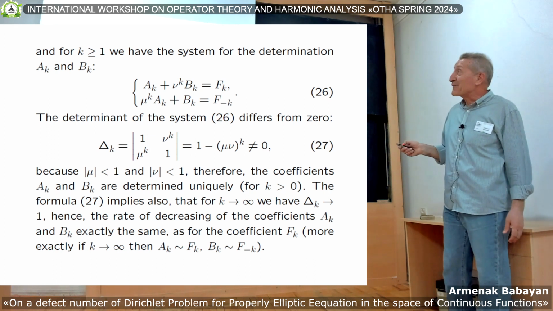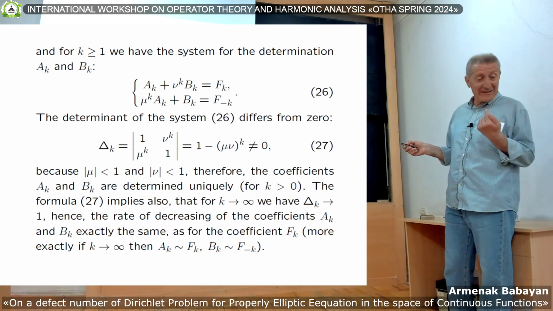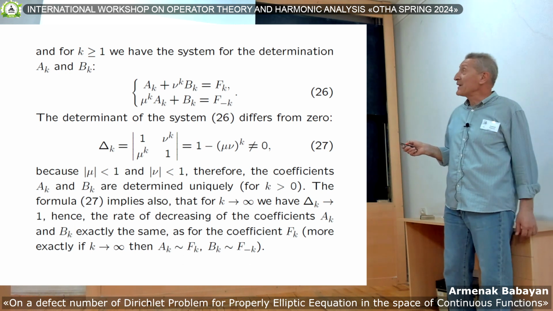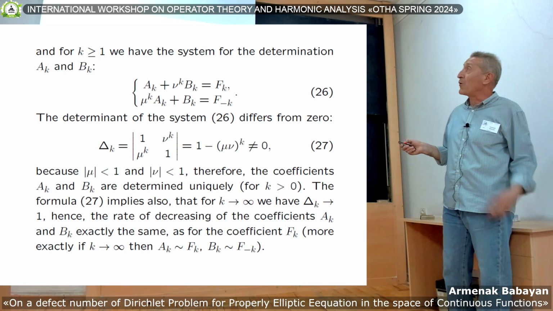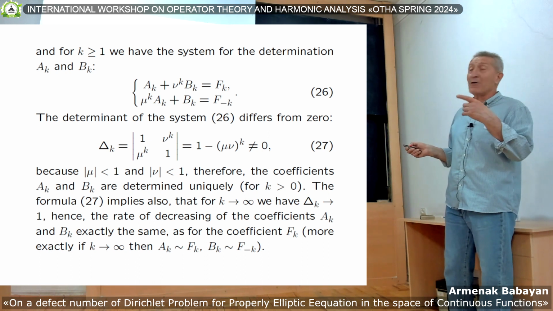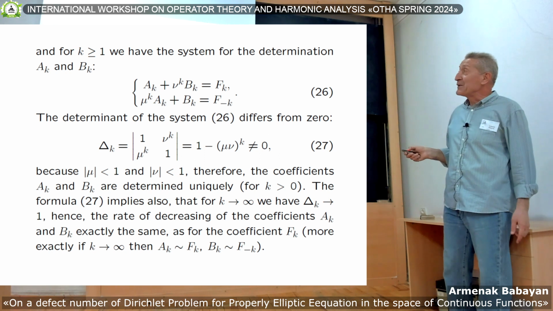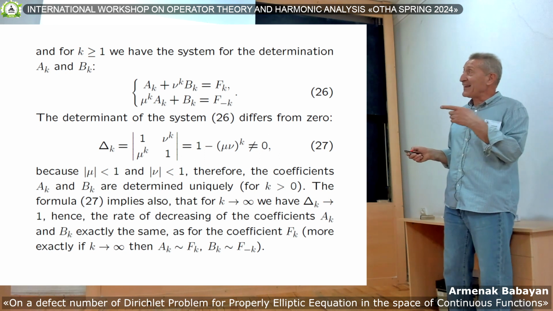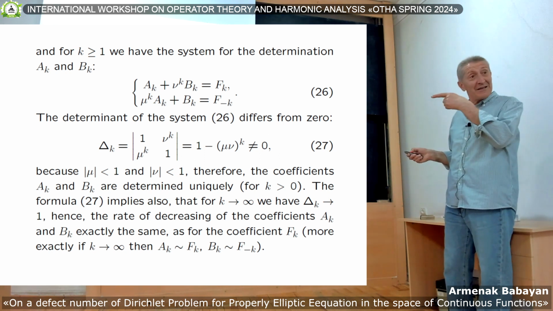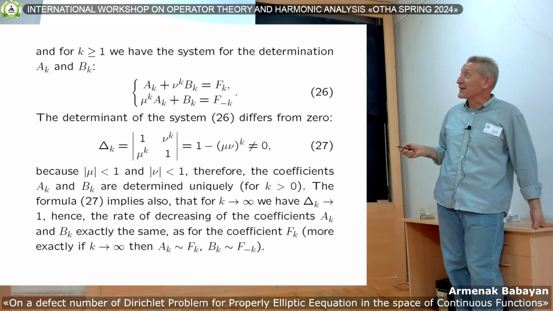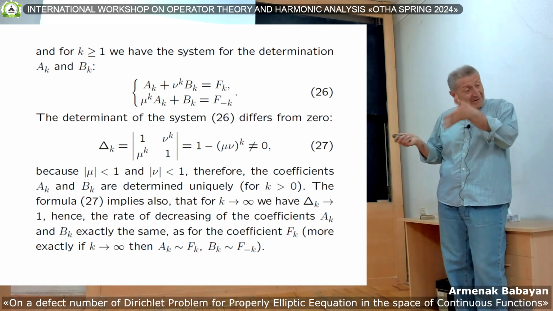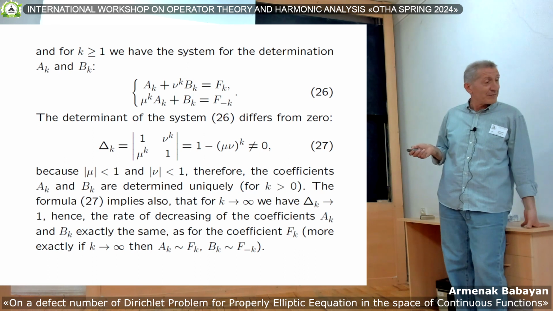Therefore, instead of f_k, if we consider a continuous function, we get simply r^k f_k, r^|k| f_{-k}. And using that delta k does not tend to 0, you get the coefficients from the continuous function up to the boundary.